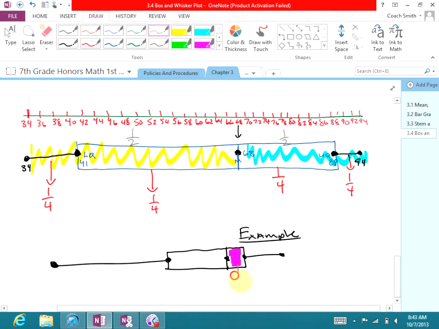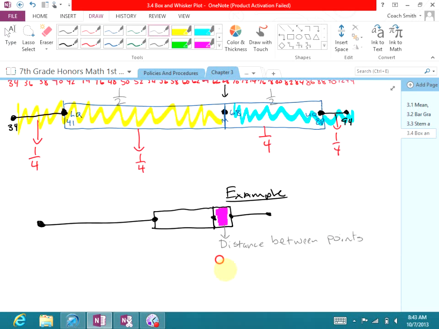So, when the distance between points is very small, then that means you have a heavy concentration of numbers.